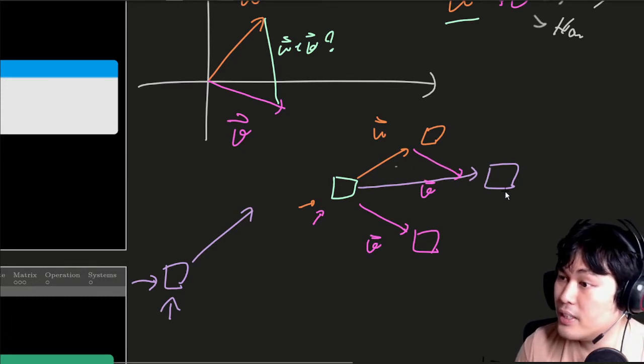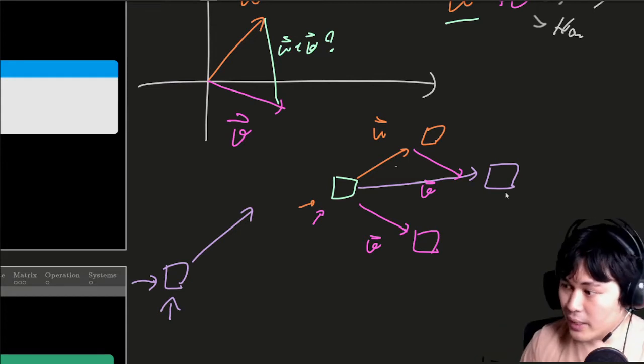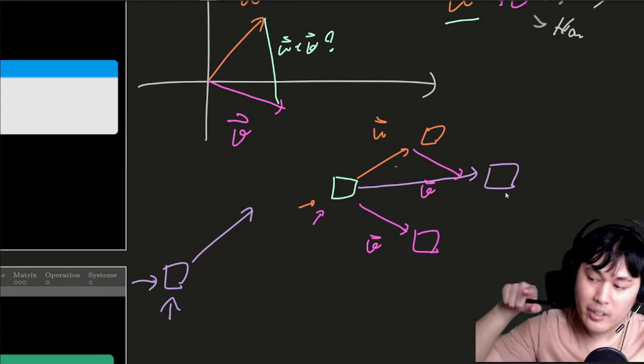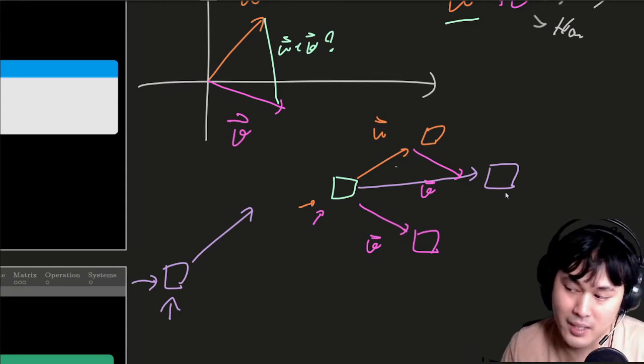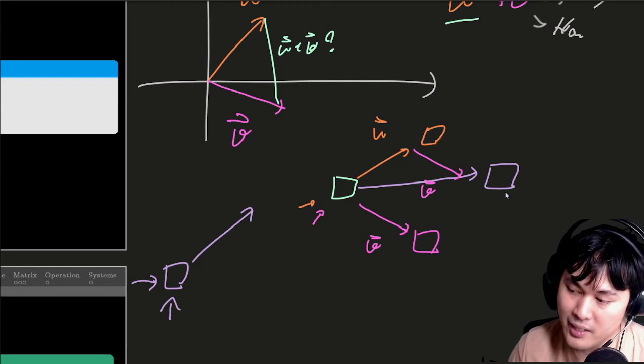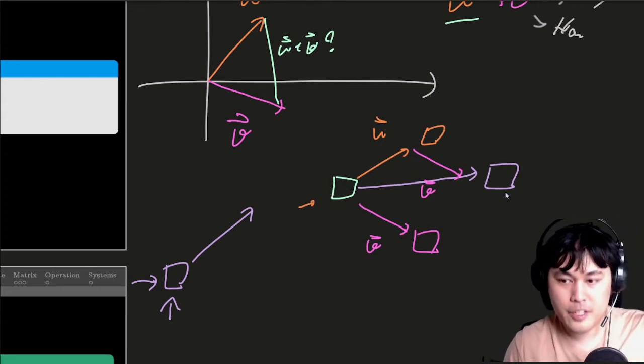And also, interestingly, when you apply two forces to the same object, it is the same as though you move one object. You apply the first force first.